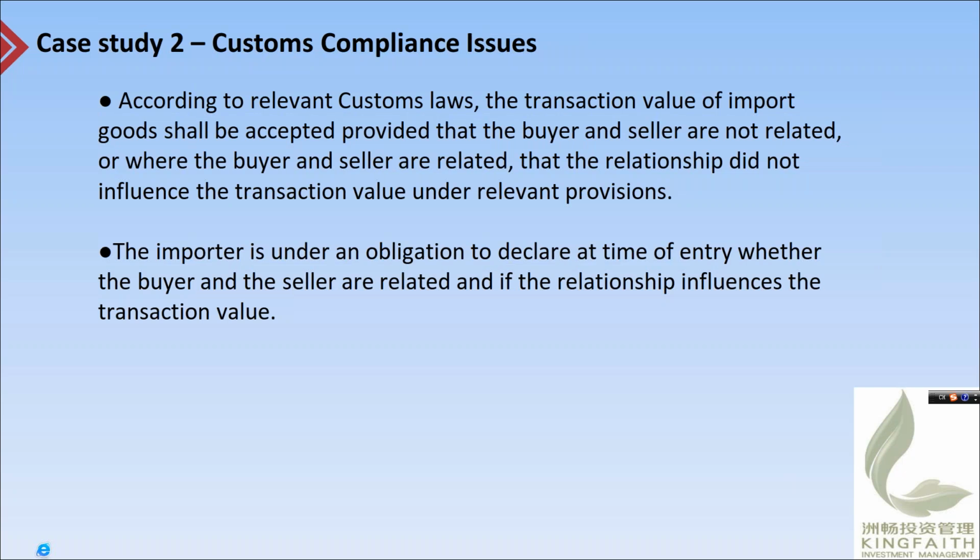And also, the importer is under an obligation to declare at the time of entry whether the buyer and the seller are related, and if the relationship influences the transaction value. So these are the 2 case studies.